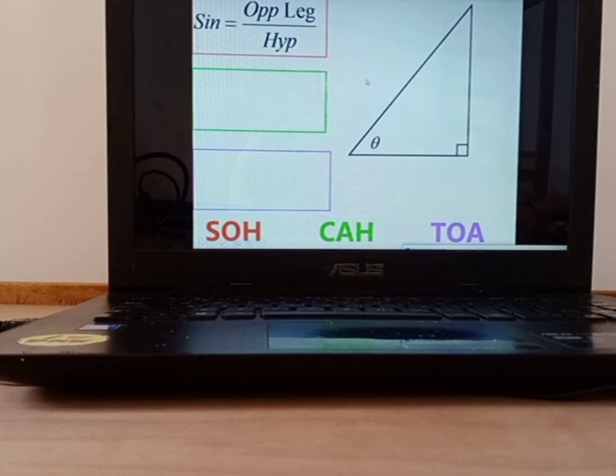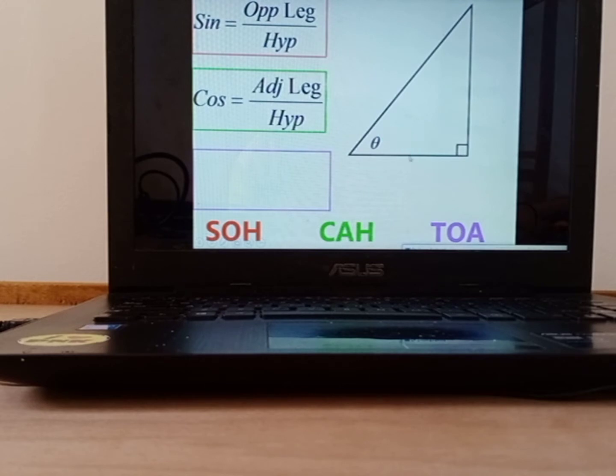Let's start with SOH: sine is equal to opposite over hypotenuse. If this is our reference angle theta, we have the opposite leg over the hypotenuse. Then next, the CAH, which stands for cosine is equal to adjacent leg over hypotenuse.